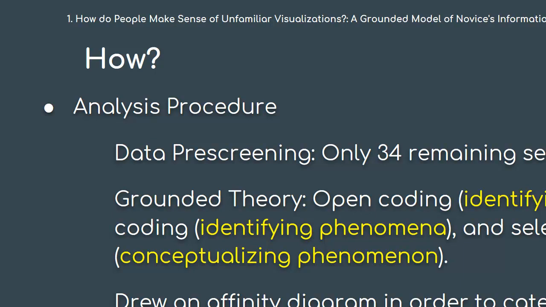The authors asked three experts to use grounded theory to code the results. They used open coding to identify concepts, axial coding to identify phenomena, and selective coding to conceptualize the phenomena. After this, they drew an affinity diagram to categorize the codes and see the similarities and differences.